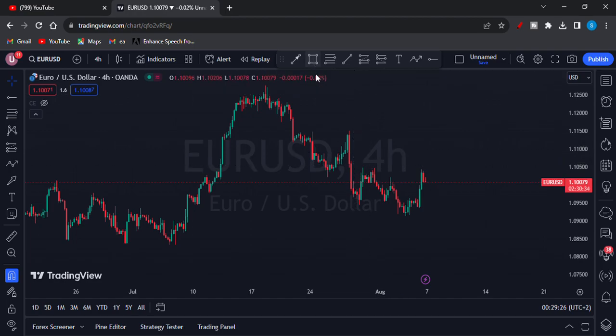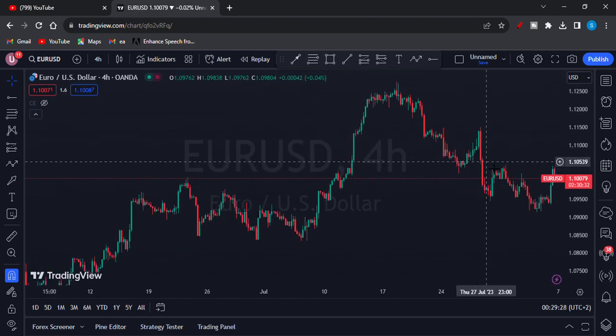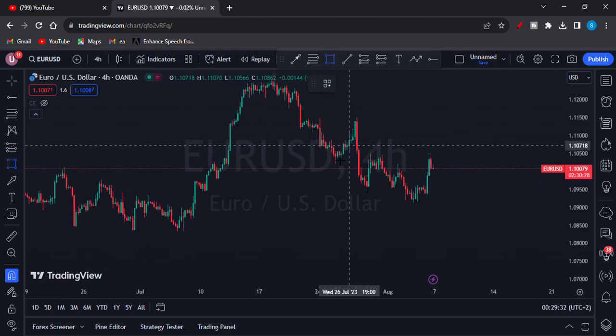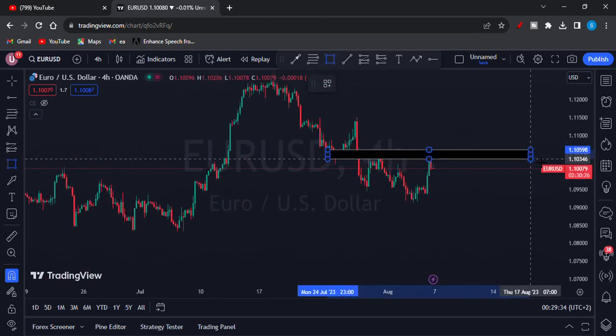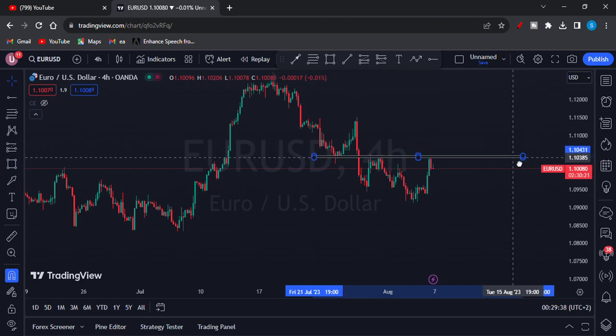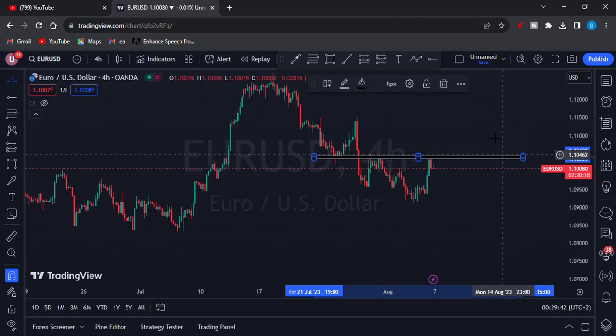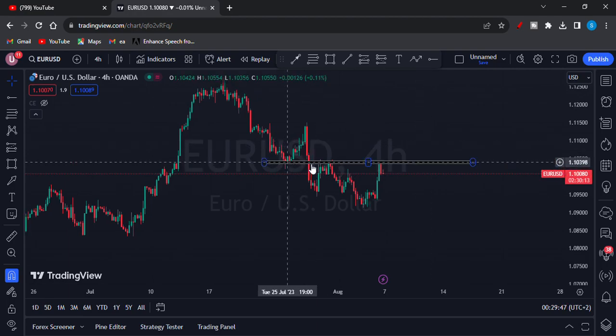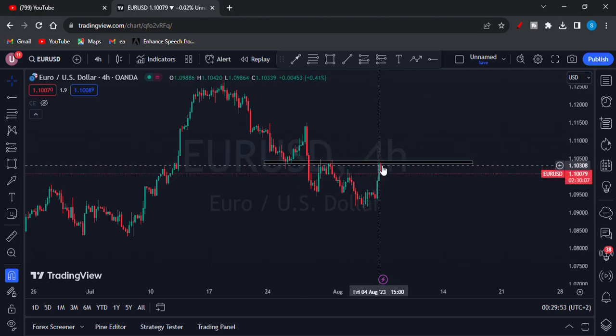So on a 4-hour, we have this zone right here. Here being a support, we broke our support, came in and retested our support, now being a resistance. So now this is being a resistance.